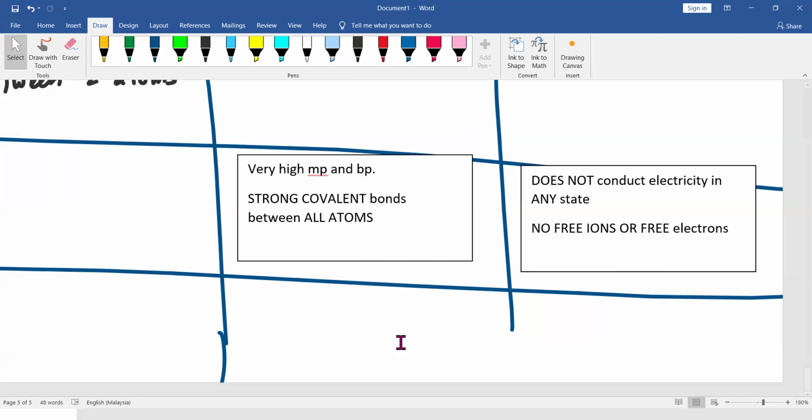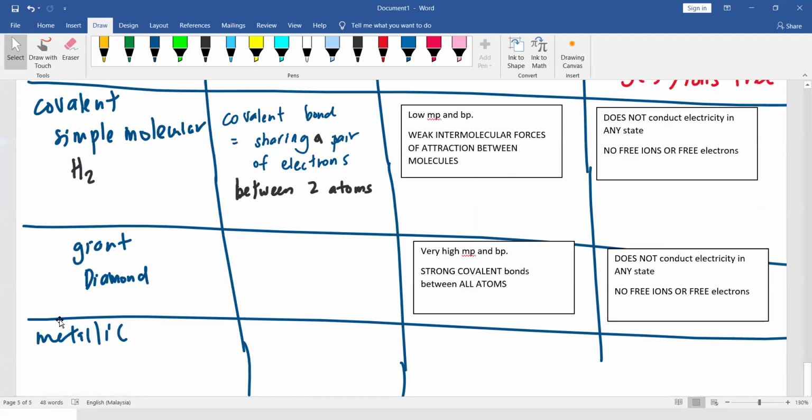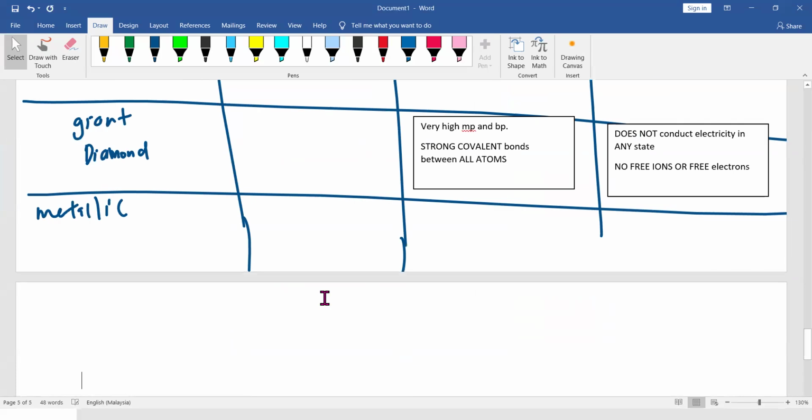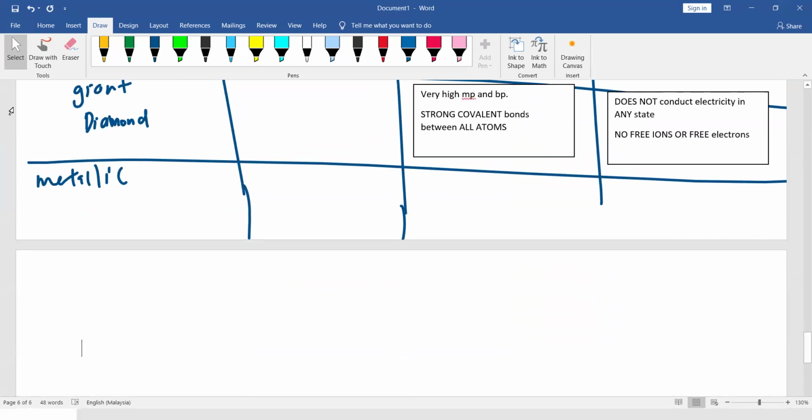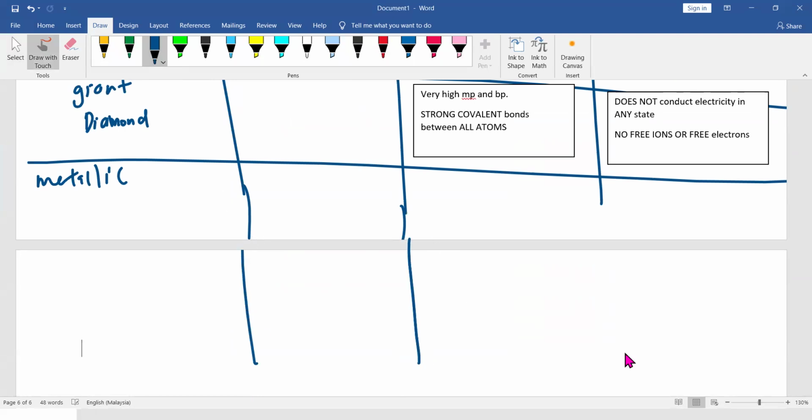Okay, ready? The last one, metallic. I'm going to move this down because there's no place here. So metallic is like iron, magnesium, sodium.